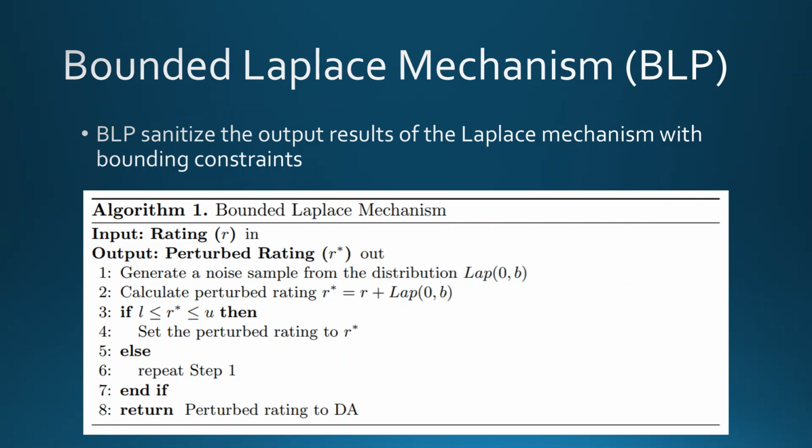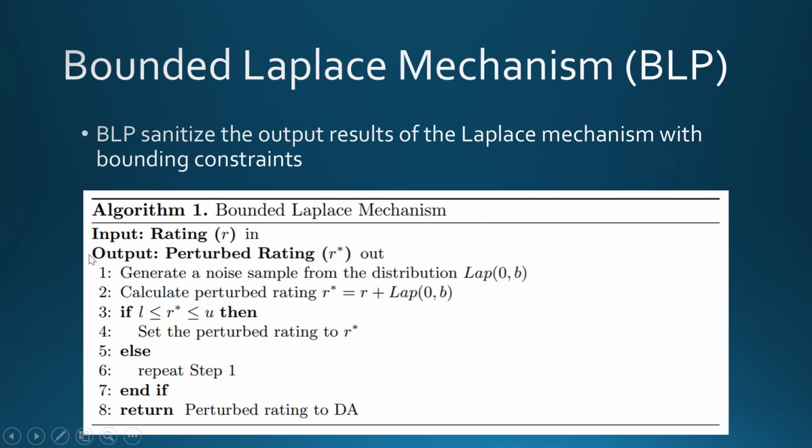Instead, it resamples noise until the output rating falls within a predefined domain. This algorithm gives you an idea of what the bounded Laplace mechanism is. The detailed explanation and definition is given in the paper.